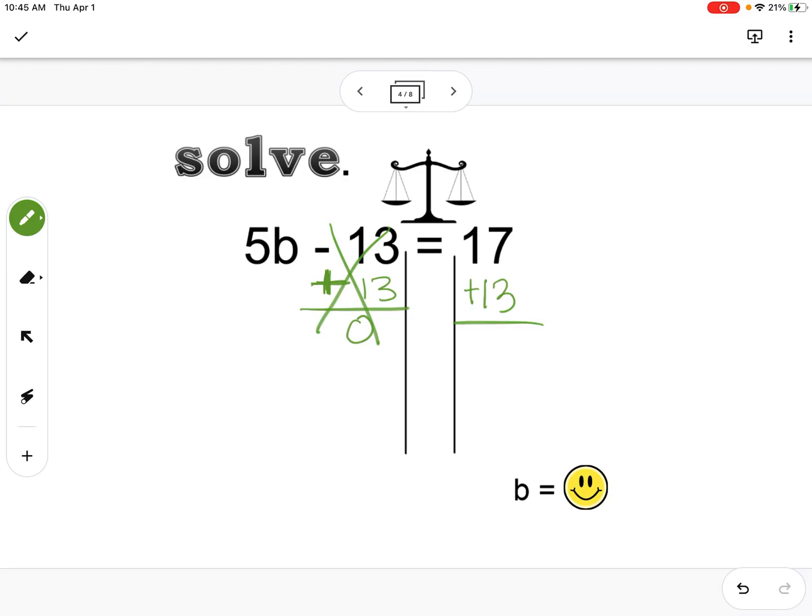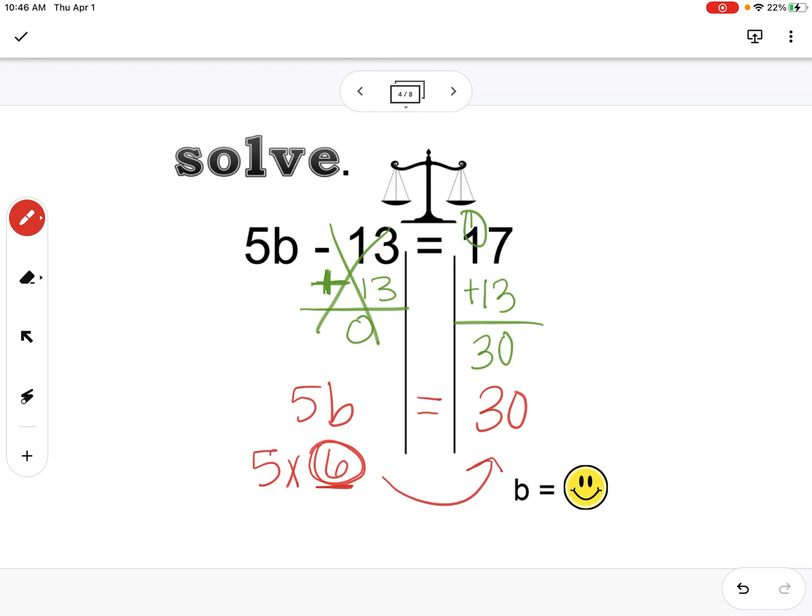Now I add 7, 8, 9, 10, 30. So my new problem is 5b equals 30. Make sure you're writing this down in your notes. I remember that 5b, a letter and a number smushed together, really means to multiply. So I'm thinking 5 times what gets me to 30?